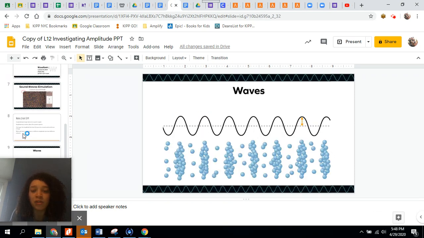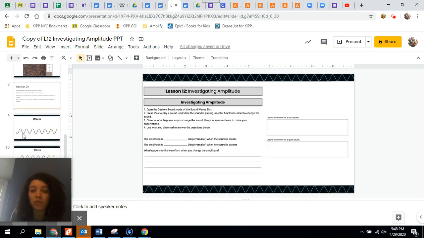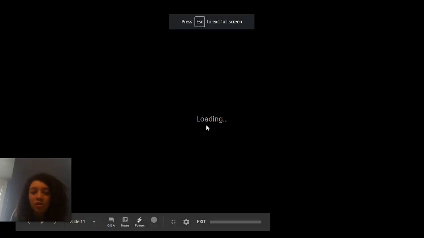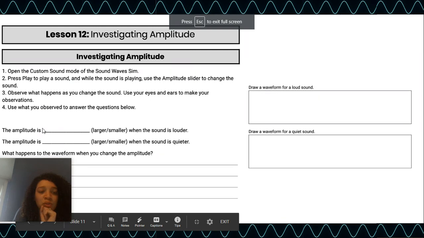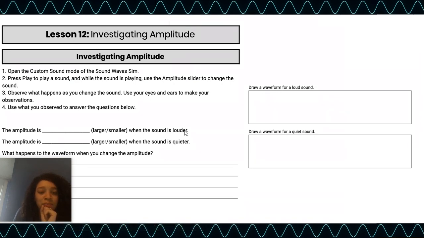And here, we just did this. We were just talking about this, that the amplitude is blank when the sound is louder. The amplitude is larger when the sound is louder. The amplitude is blank when the sound is quieter.